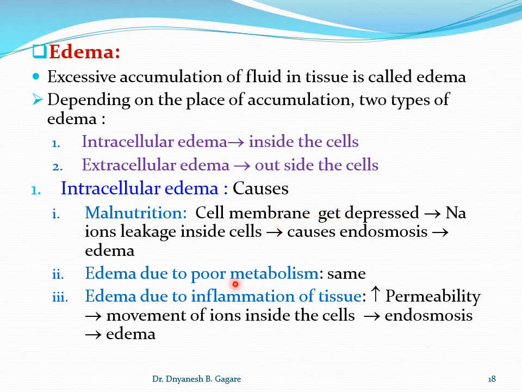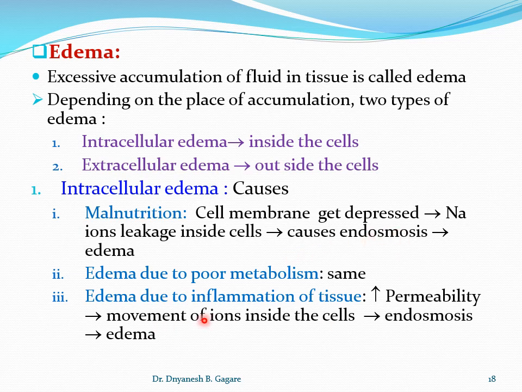There is a sodium potassium pump working because it requires the ATPs, and the pump regulates the sodium ion and potassium ion concentration. For example, if the pump gets disturbed, what will happen? There will be more accumulation of the sodium ions inside, or it disturbs the integrity of the membrane. Ultimately sodium ions come inside and it causes endosmosis.